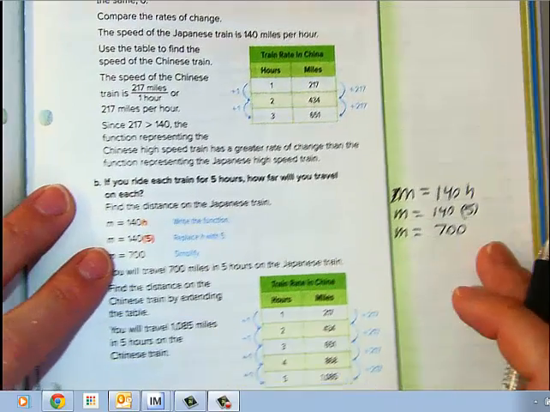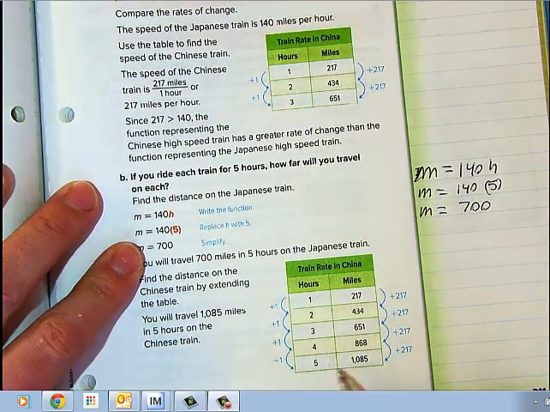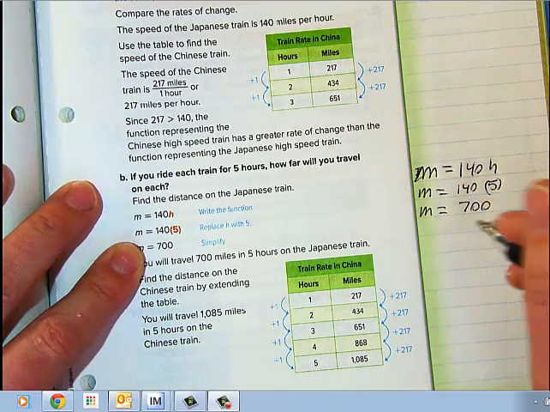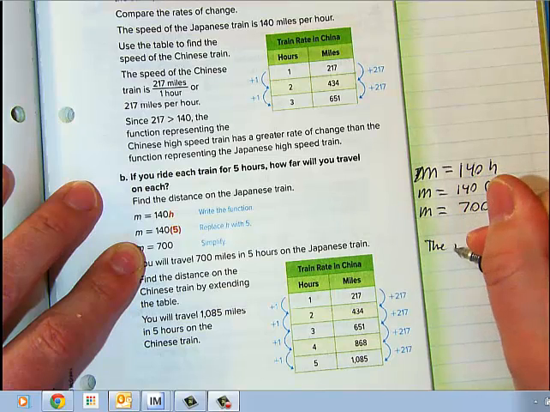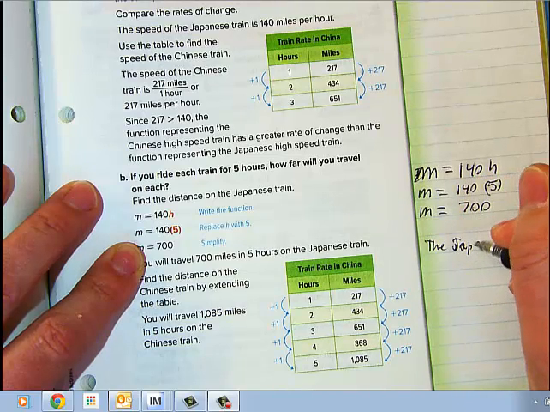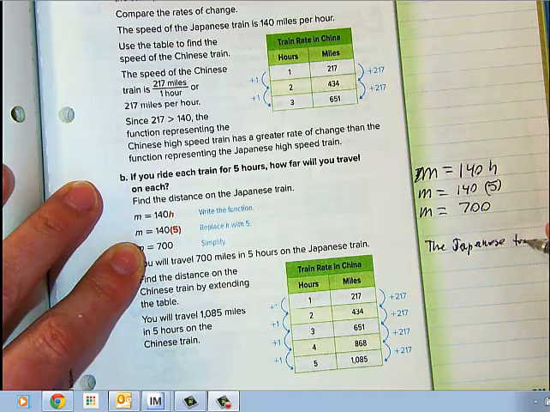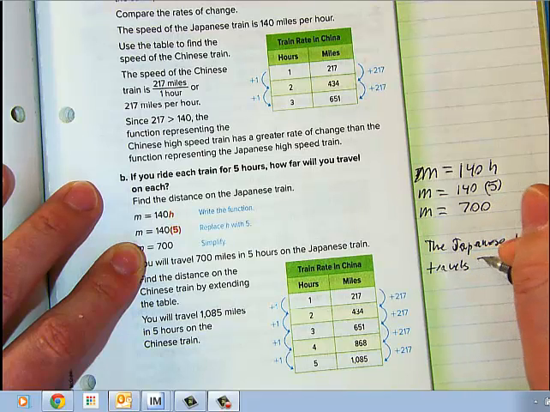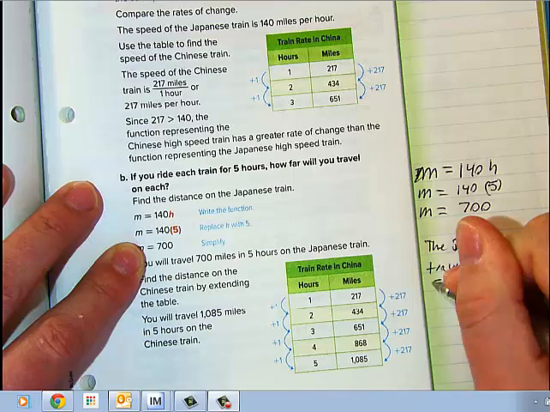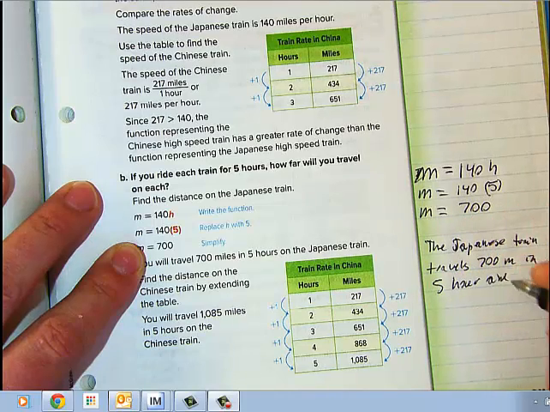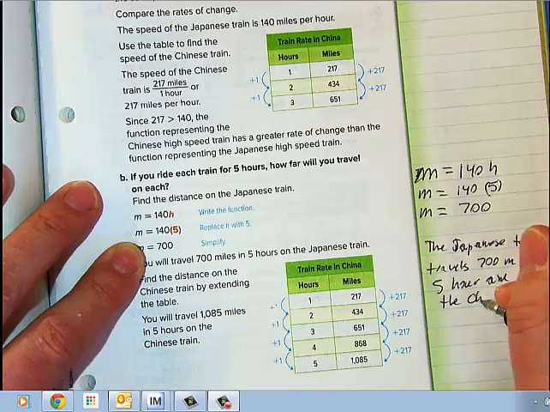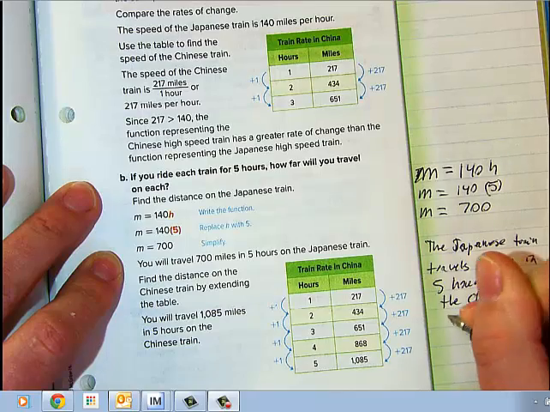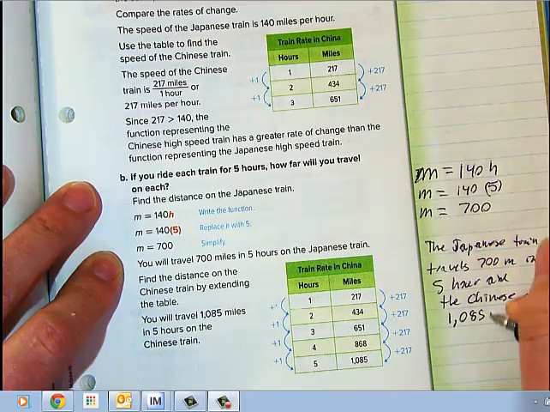Now if we look at our table here, it shows the Chinese train after 5 hours is 1,085. So we just need to write a sentence that says the Japanese train travels 700 miles in 5 hours, and the Chinese train goes 1,085 miles.